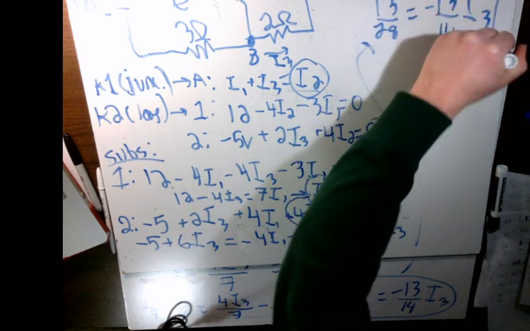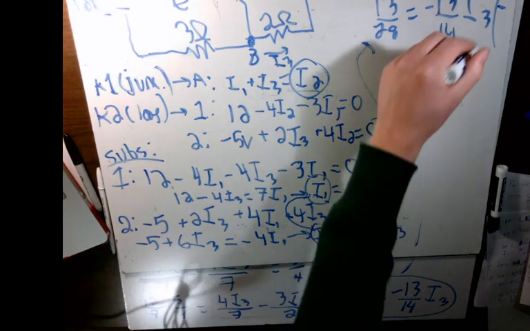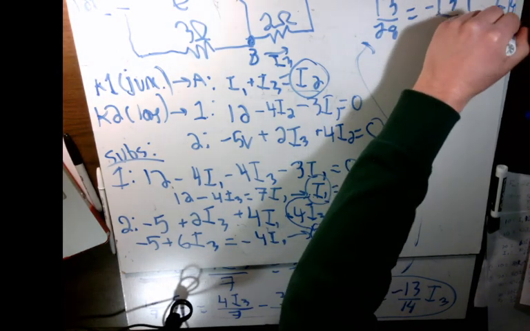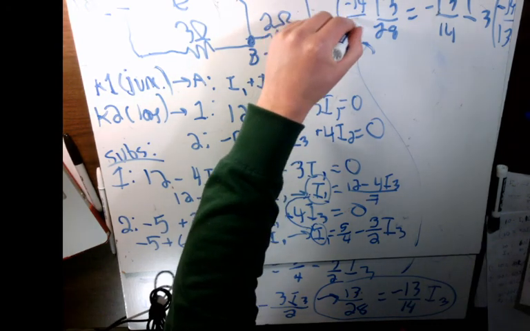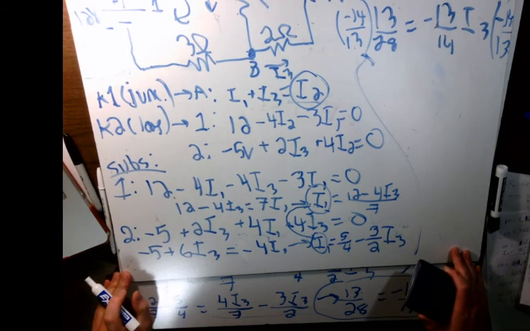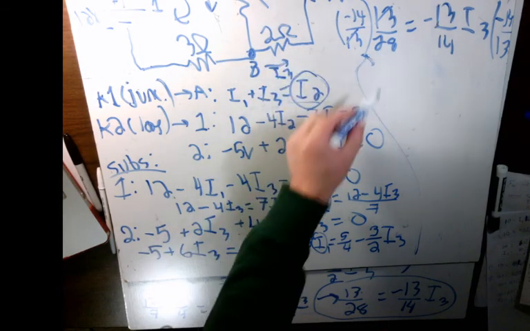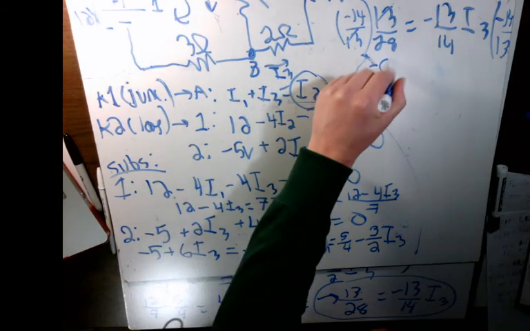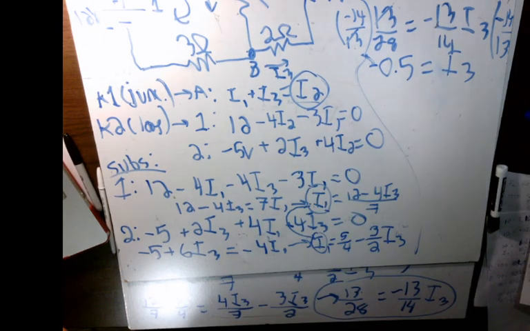So I'm going to multiply both sides by the reciprocal, and the negative to get I3 as a positive, negative 14 over 13 on both sides. So some fancy things are falling into place now. We get our 13s canceling out. Negative 14 over 28 is just negative 0.5, which is equal to I3.